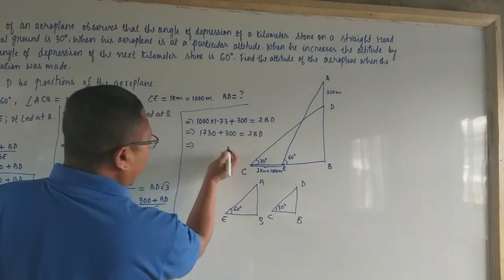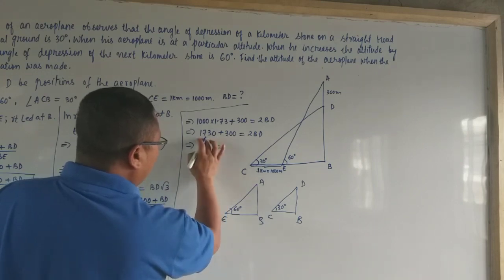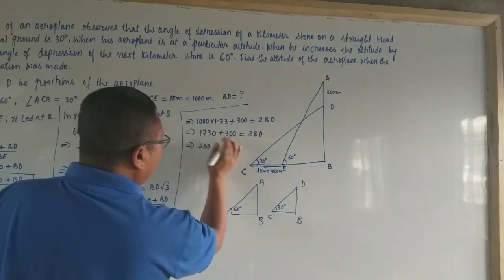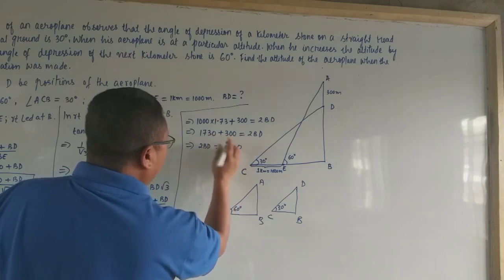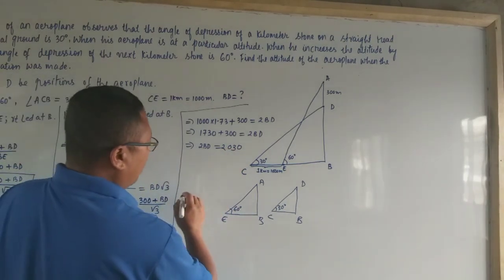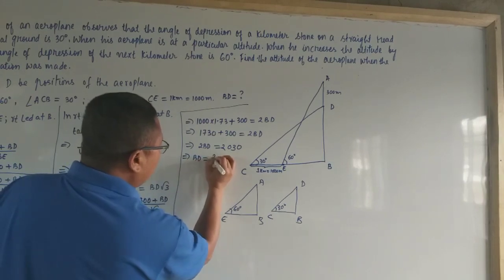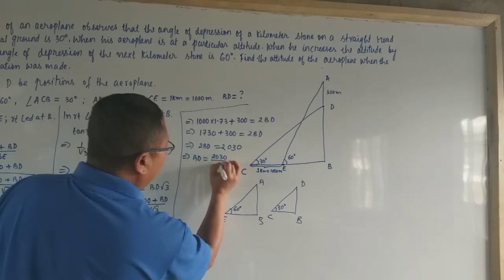So I'm going to simplify this and write 2BD on this side, and on addition this value would be 2030. Then BD equal to 2030 by 2.